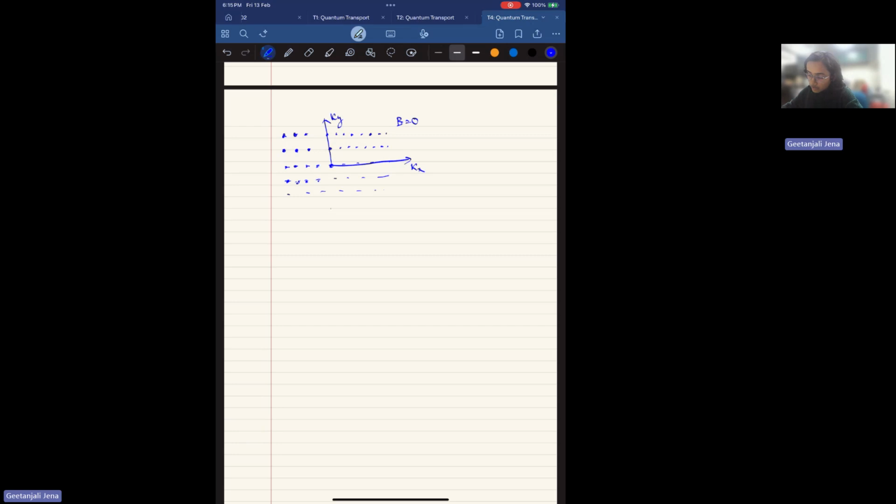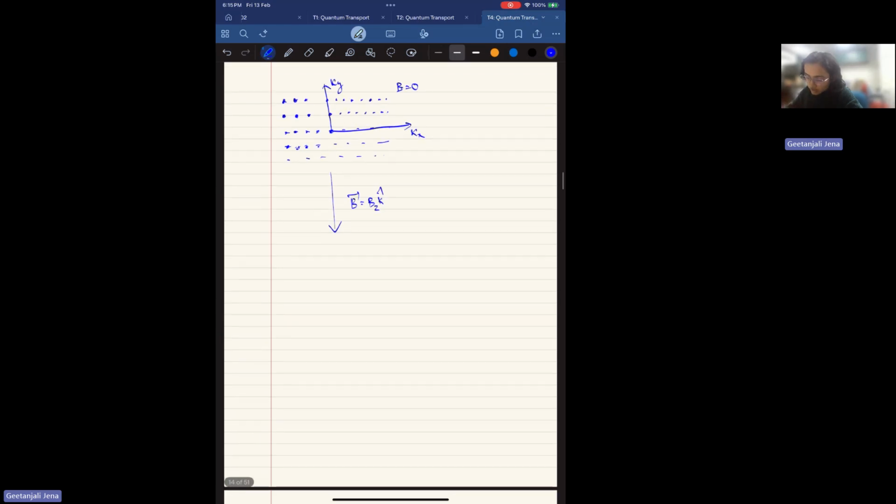Now when we apply a magnetic field in the Z direction, the states will arrange in the form of Landau levels.